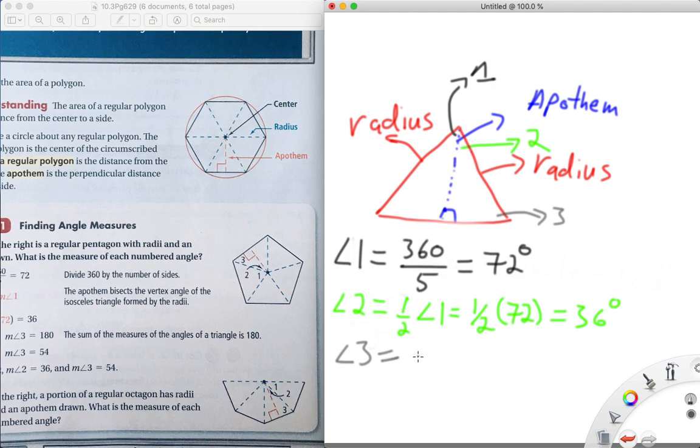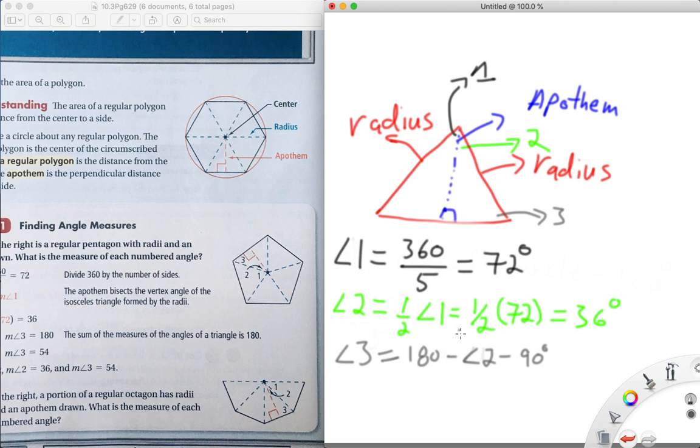So angle 3 is going to be equal to 180, because that's the number of degrees in a triangle, minus angle 2, minus 90 degrees. Again, angle 2 is inside this triangle, angle 3 is part of this triangle, and the 90 degrees is part of this triangle.